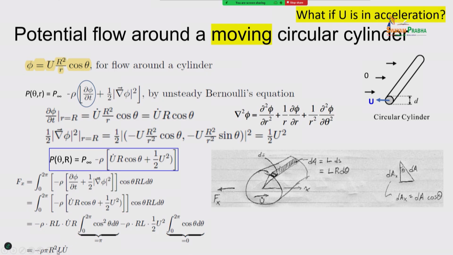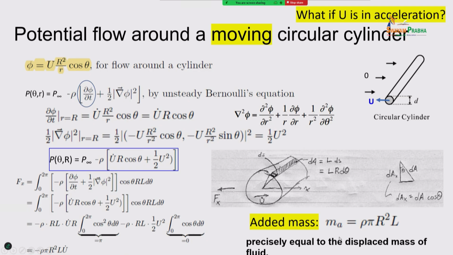The force Fx is not 0 anymore. So how large is this force? This force is proportional to rho, the water density, and pi r squared times this length. This is exactly the water mass of the cylinder.